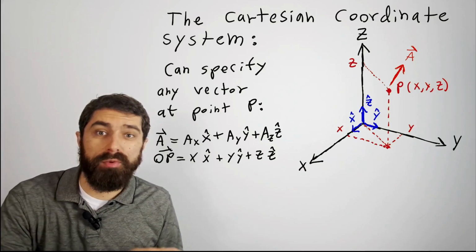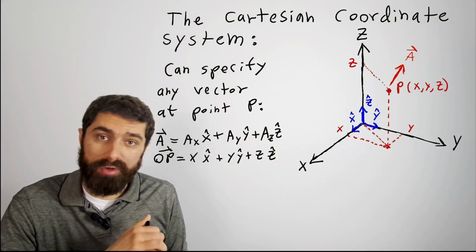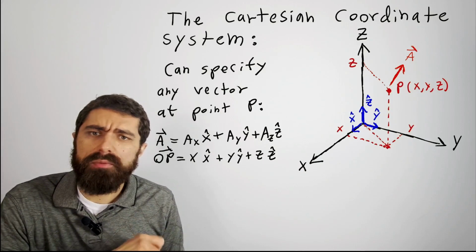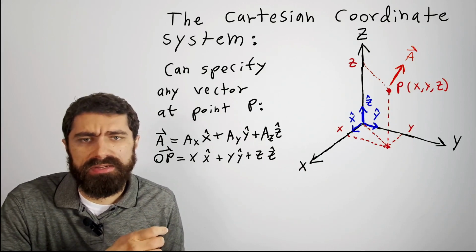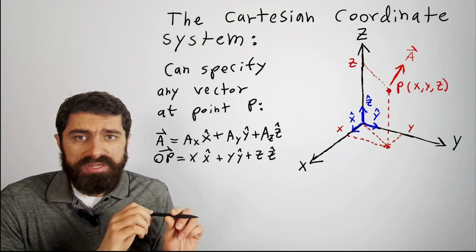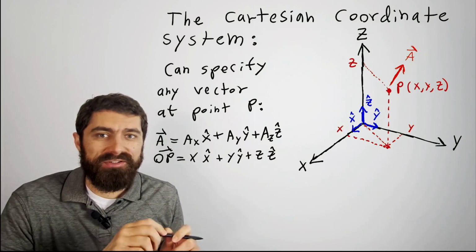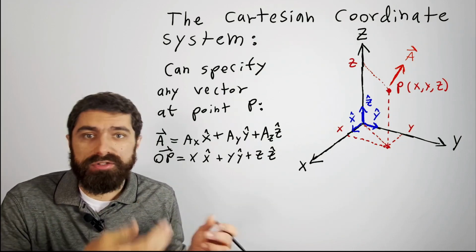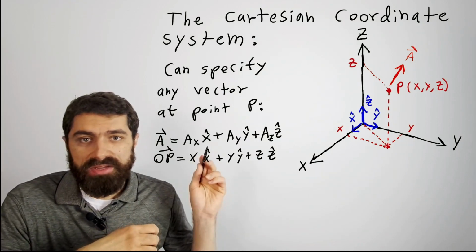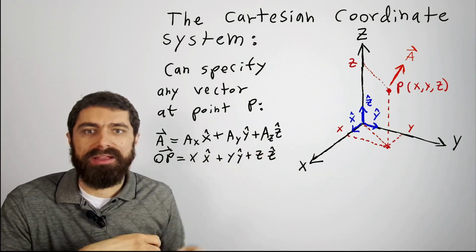In this course, we will be using 3 different coordinate systems, and the type that we use will depend on the problem. The coordinate system that we have been using is the Cartesian coordinate system, where you just have x hat, y hat, z hat.